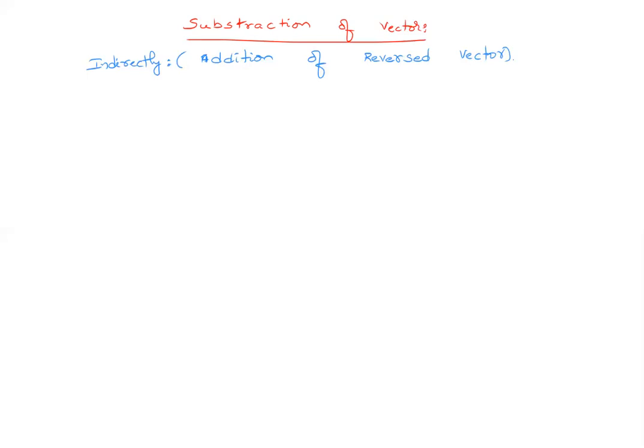Now what do I mean by this? For example, a bar minus b bar is nothing but a bar plus minus b bar. If you keep the name of minus b bar as x bar, then it is a bar plus x bar.